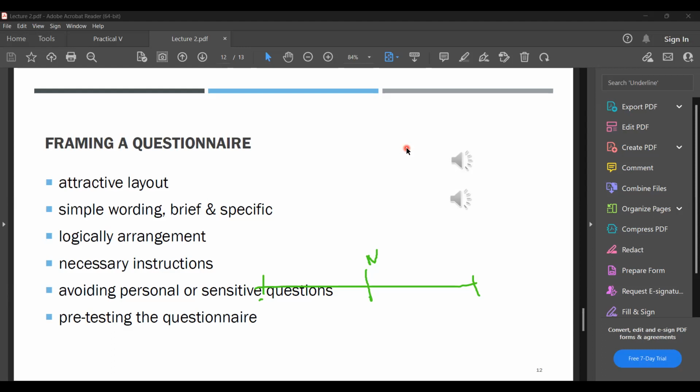So if your 6th question is related to university students, then you have to give necessary instructions. If question number 5, are you a university student, yes or no, then you can say, if your answer for question number 5 is yes, please go to question number 6. Otherwise, go to question number 7. Likewise, you have to provide necessary instructions.